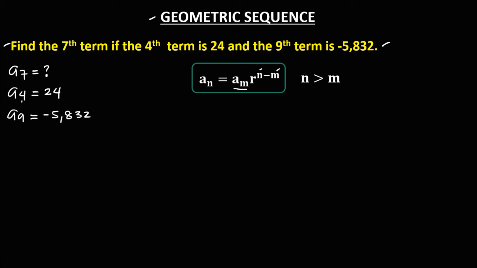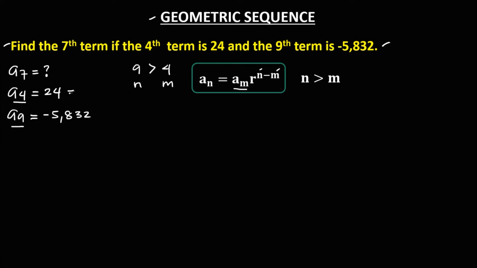From this given, we have a sub 4 and a sub 9, and we all know that 9 is greater than 4. Therefore, n is equal to 9 and m is equal to 4.